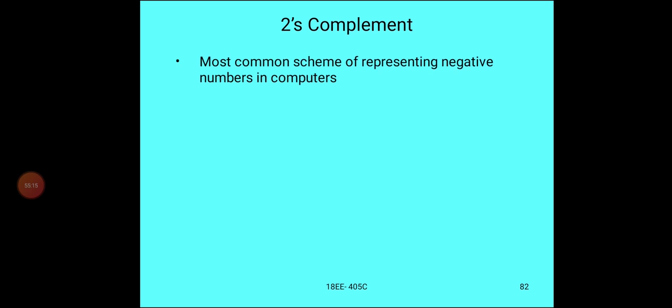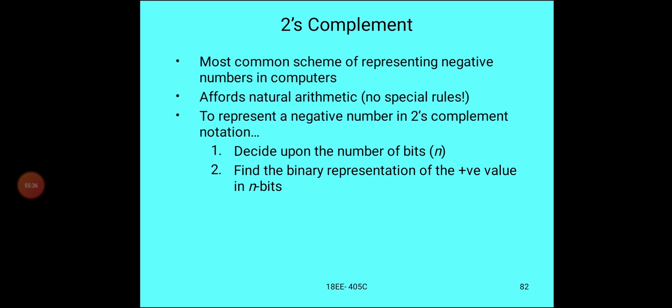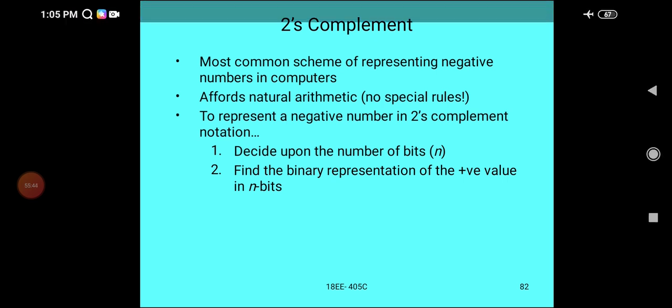Two's complement. The most common scheme of representing negative numbers in computers. It offers natural arithmetic, with no special rules. To represent a negative number in 2's complement notation, decide upon the number of bits n. Find the binary representation of the positive value in n bits.